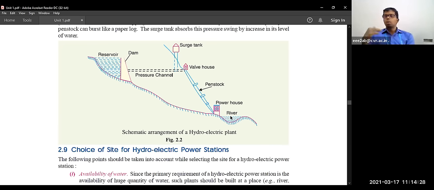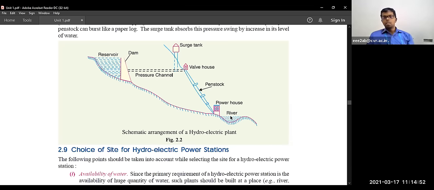It can't rotate at 1500 RPM. If you look at a hydroelectric power turbine, it will be rotating at only 200 RPM. But the power generated from that turbine will be more, on the order of 100 megawatts, 200 megawatts, 500 megawatts.